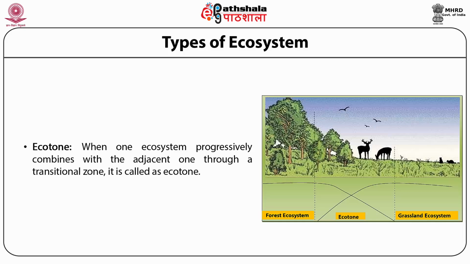As a result, it provides a place for those organisms that can survive on land as well as in the water, and also increases the biodiversity. It also contains specific plants like mangroves that flourish in salt water. The most common example of ecotone is estuary, where river meets the sea.